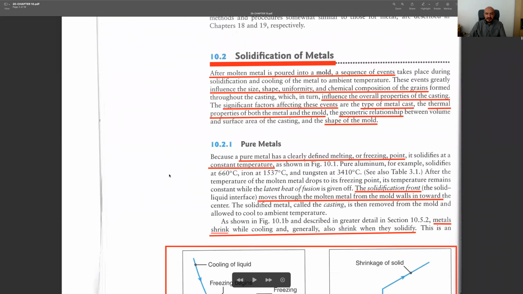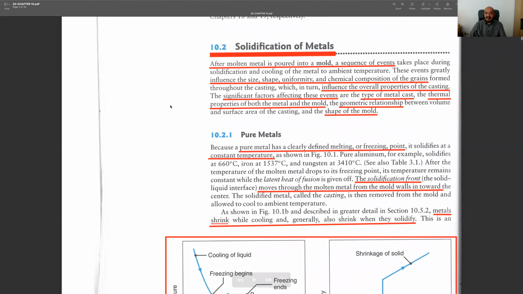Now let's focus on solidification, the main part of the casting process. We said that at the beginning of the casting process, we start with liquid metal. Once you pour it into the mold, we have a sequence of events. Lots of events happen one after another, and once all these events are accomplished, we have the solid product.